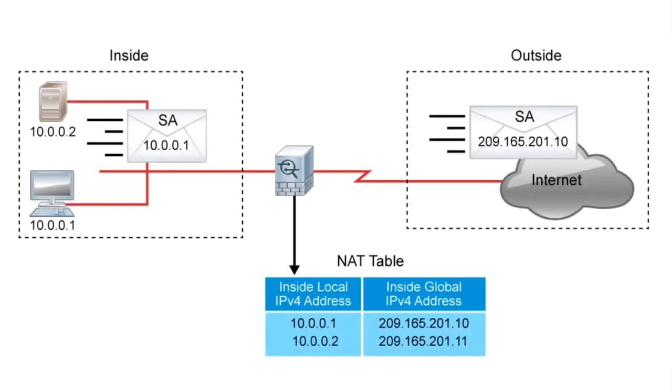In this example, the two inside hosts are each allocated a local IP address. Outbound traffic from 10.0.0.1 is assigned 209.165.201.10, whereas any outbound traffic from 10.0.0.2 will be assigned 209.165.201.11.